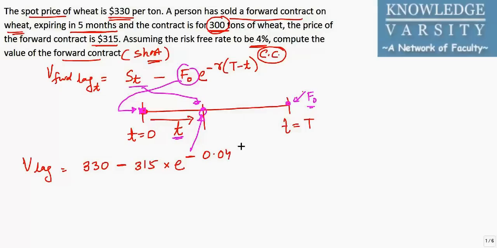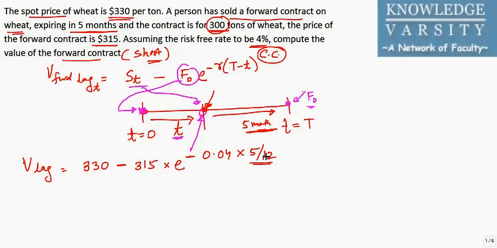Please note the time remaining: the contract is expiring in 5 months, so the remaining time period is 5 months. They have not given when he sold; maybe at that time the forward contract was for 1 year. We don't have to worry; we need to know how much time is remaining. So it is e to the power minus 0.04 into 5 by 12.